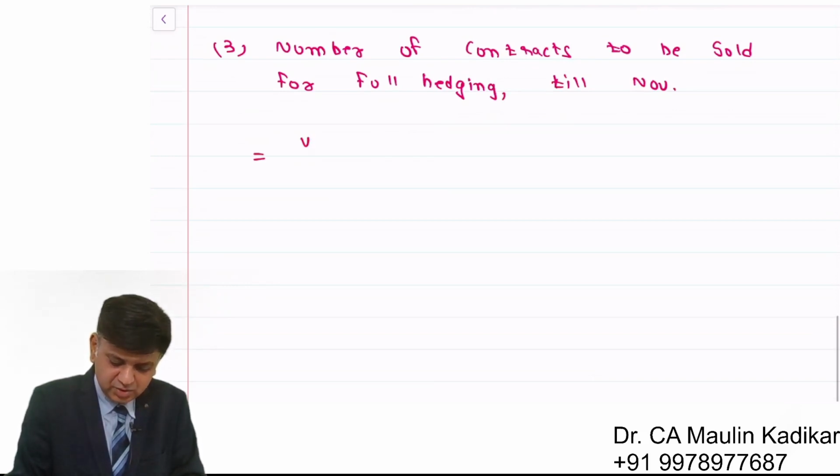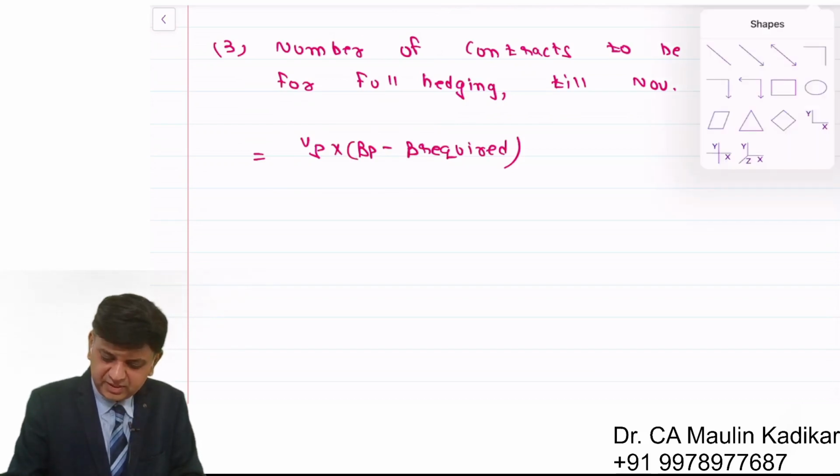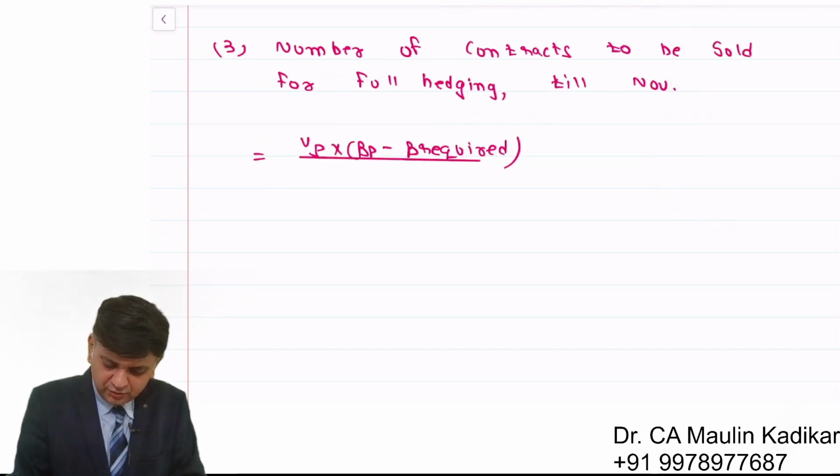In that case, dear students, it is value of the portfolio into beta of portfolio minus beta required, whole divided by futures index value into lot size.